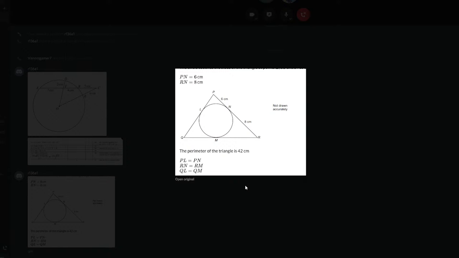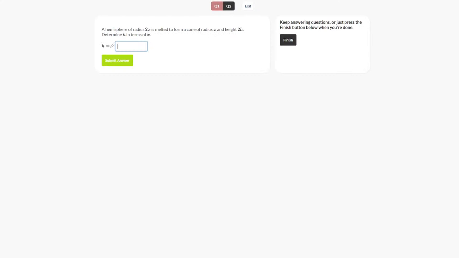So are you sure about root 14 squared minus 8 squared? Well, yeah, because the hypotenuse is opposite the right angle, and that has to be a right angle because it meets the tangent at 90 degrees. 14 squared is 196.